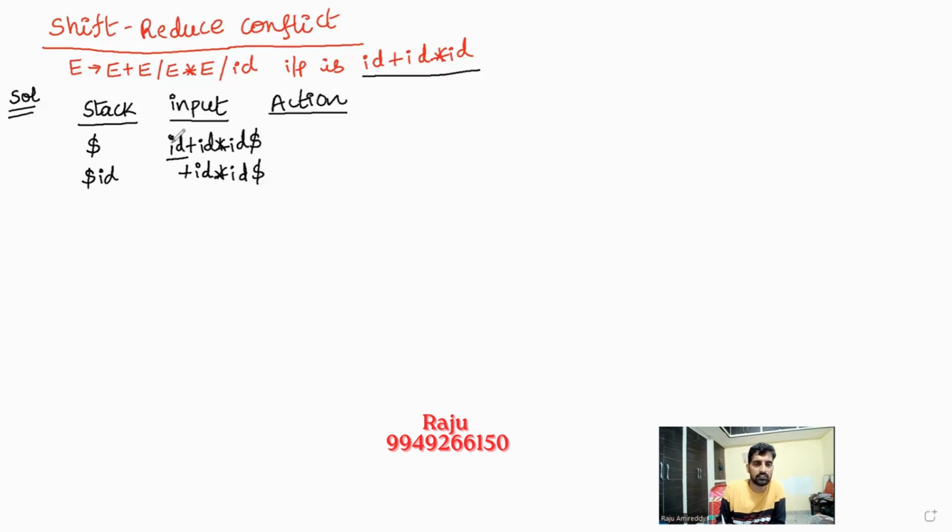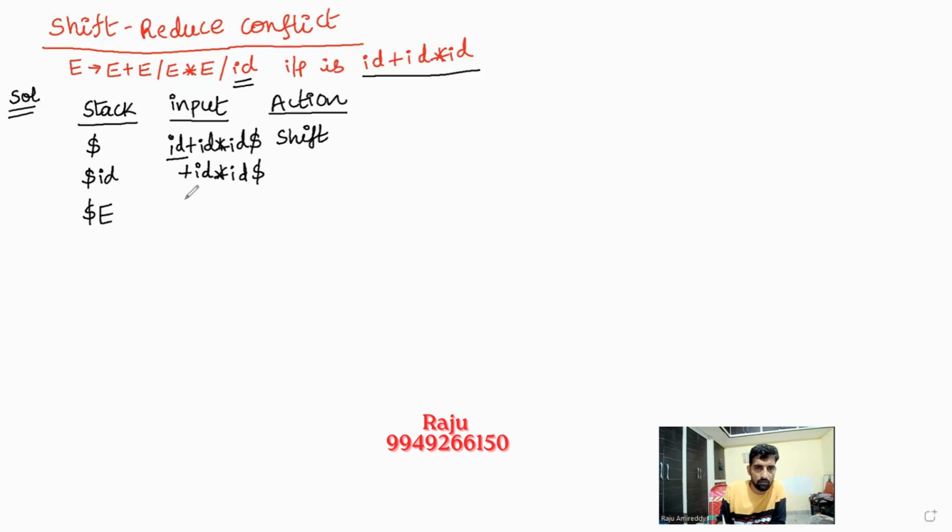Whenever you send data to the stack, this is called shift. Then we have dollar ID. So what is the value of ID? ID is given as E, so then you write E.